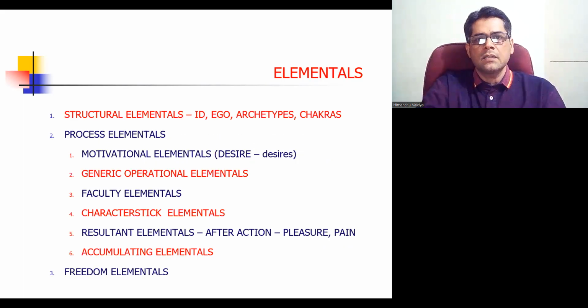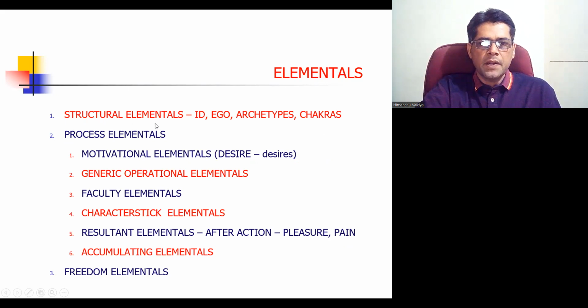Before that, let's revise what we did. We said all elementals in the heat model can be categorized into three broad categories: structural elementals, process elementals, and freedom elementals.